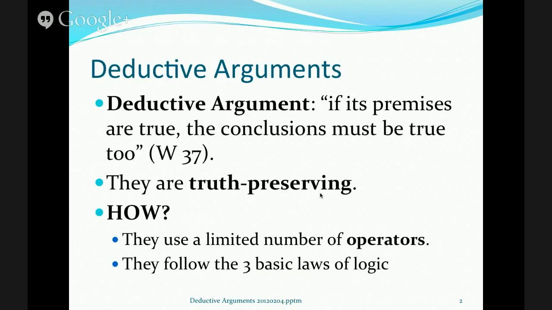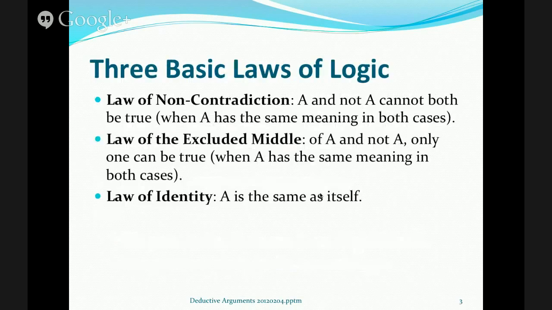These arguments work by using a very limited number of operators. By operator here, we mean a word that connects or changes the meaning of what we're saying. And they also follow the three basic laws of logic, which we've been going over a lot in class.